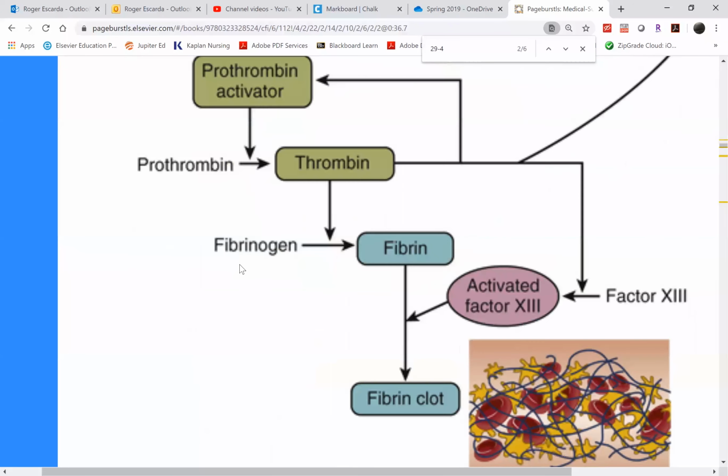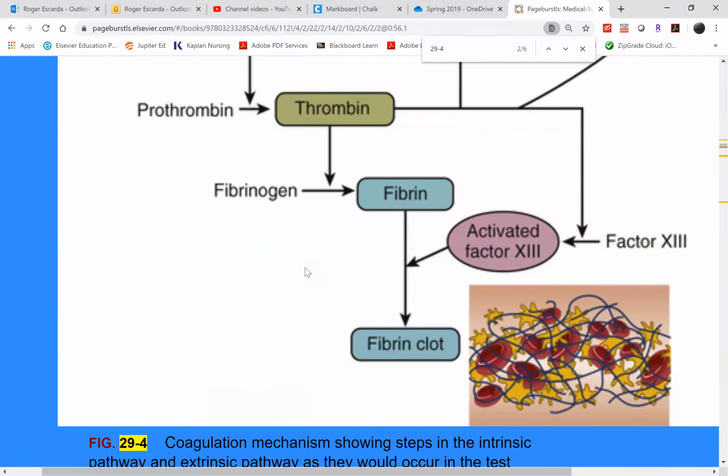Now, how does this all factor into the question? Well, how many bleeding disorders do we have? We have TTP, ITP, what else? HIT and DIC, right? So we have 4 under chapter 30.